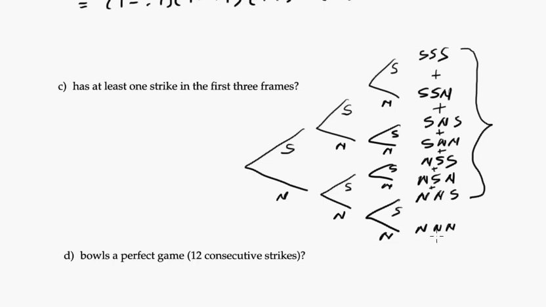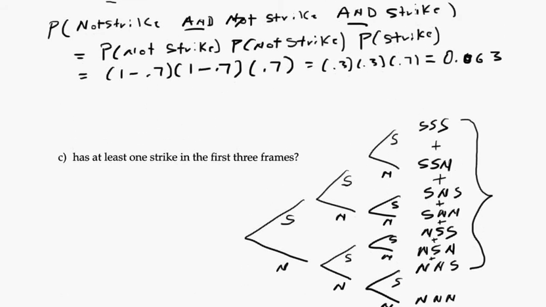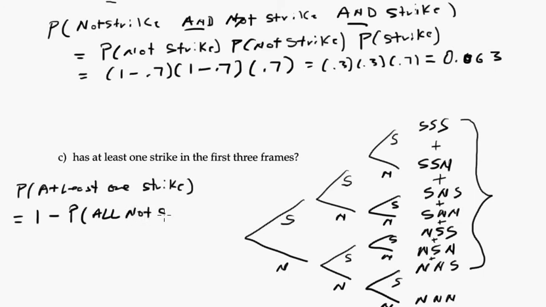That's too much work. What we can do is just find the probability of 3 no strikes, and didn't we already do that? Yes, we did it right here. So we can say the probability of at least 1 strike is equal to 1 minus the probability of all not strikes.